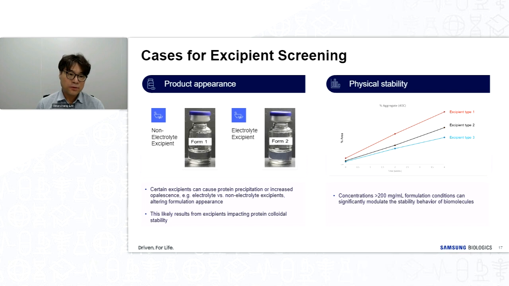This slide demonstrates the impact of the different excipients on the thermally induced aggregation at concentration greater than 200 mg per ml. This result highlights that at high concentration in particular, the choice of excipient can have a significant impact on the stability of the formulation.